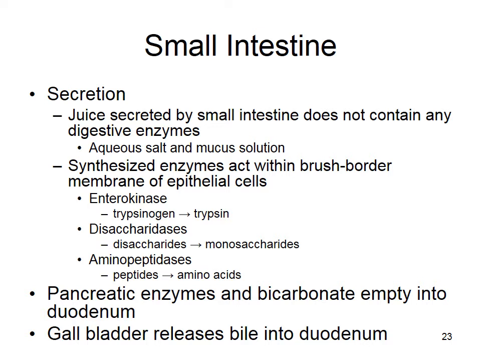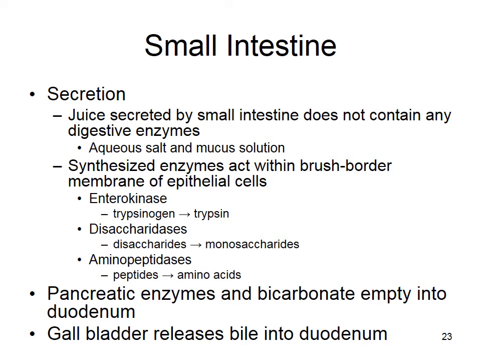So your pancreas secretes digestive enzymes into the small intestine. The small intestine itself doesn't secrete any digestive enzymes. It does secrete some salt and mucus solution. The enzymes that your small intestinal cells make are brush border membrane enzymes.